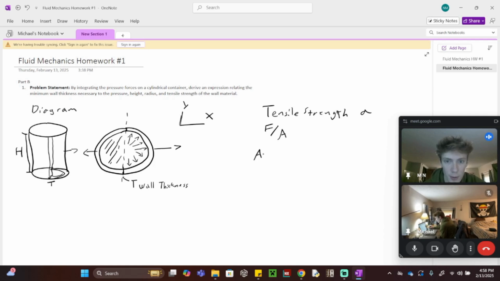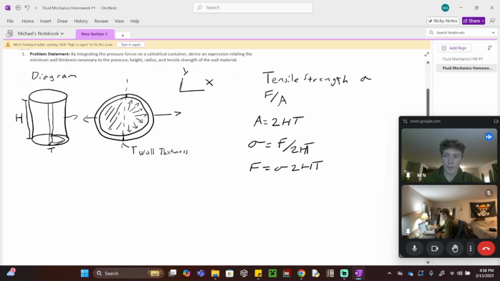So we have A equals 2 times our height times our wall thickness, where h is the height of the cylindrical container. So now we have sigma equals our force over 2ht, or force equals sigma 2ht. So how do we calculate and add up the forces acting in the x direction?